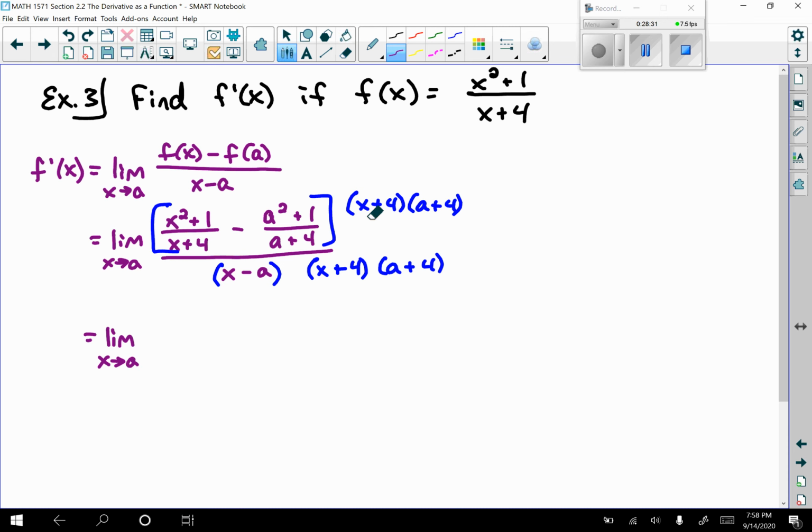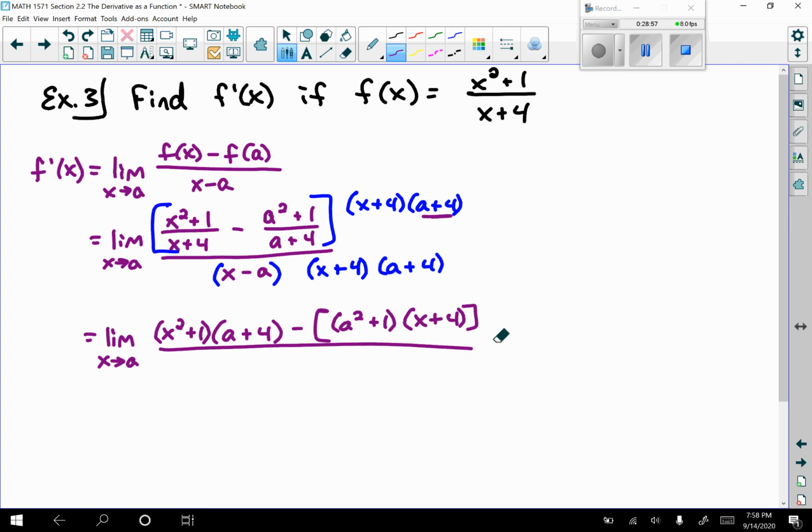So when I multiply this LCD by the first fraction, the x plus 4s are going to divide out, and that leaves me with x squared plus 1 times this other part here, a plus 4, minus, and since I'm subtracting, I have to keep this in brackets. When I multiply this LCD by this fraction, the a plus 4s are gone, so I end up having a squared plus 1 times the x plus 4. And then now this is all over x minus a, x plus 4, a plus 4.